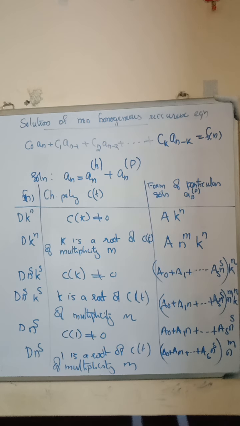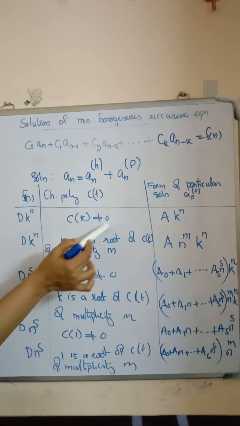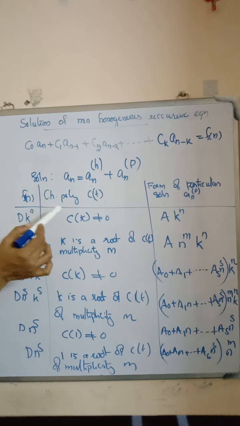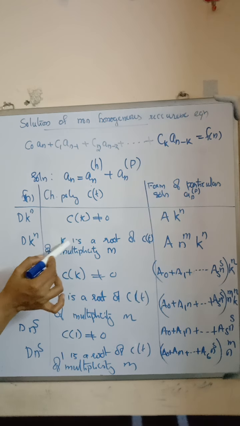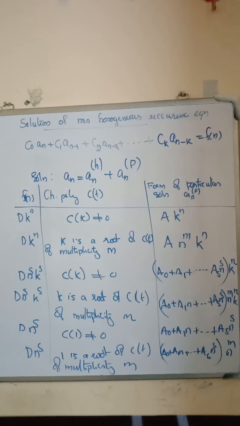That is, the right hand side is k raised to n and k is not a root of the characteristic polynomial. Here we have two cases. The first case is k is not a root of the characteristic polynomial, and the second case is k is a root of the characteristic polynomial with a multiplicity m.